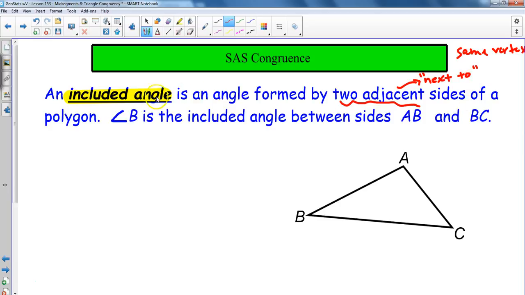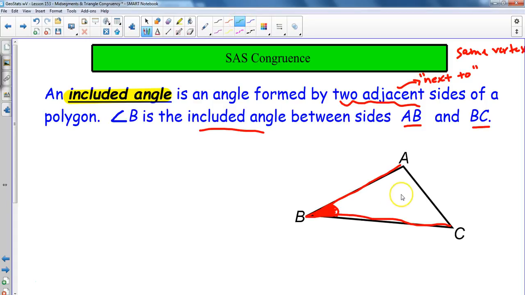At any rate, an included angle is an angle formed by two adjacent sides of a polygon. So for example, angle B right here. Angle B is formed by this side and also this side. Therefore, we say that angle B is the included angle of sides AB and BC because it is formed by those two coming together and forming a vertex.